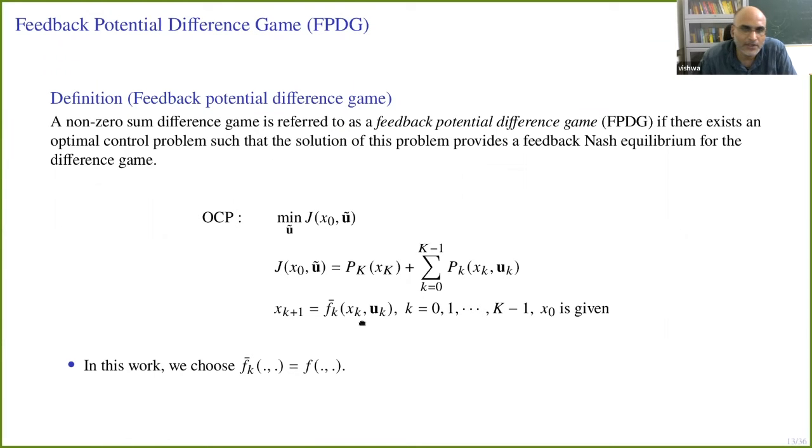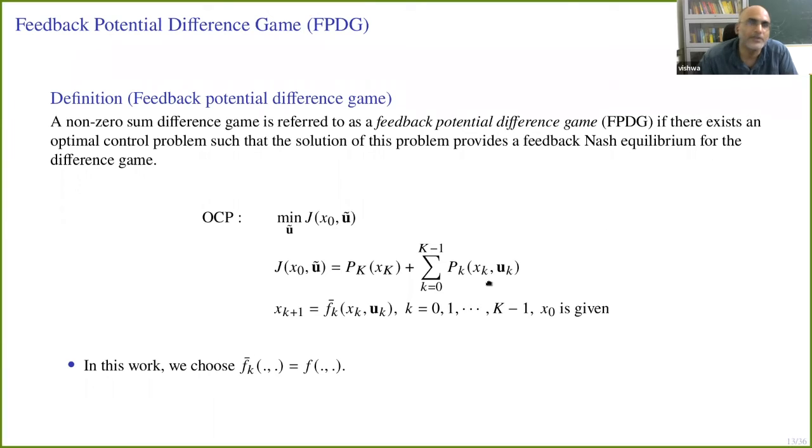So if I'm only looking for a minimum of one function, I can have a family of functions for which the minimum can be the same, right? So I'm just restricting that family. That's all I'm doing by taking F k bar to be F k. Did I answer your question, sir?